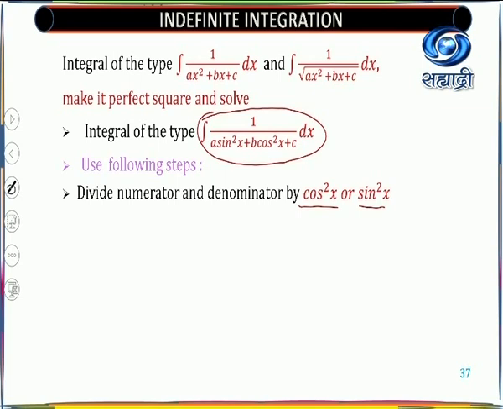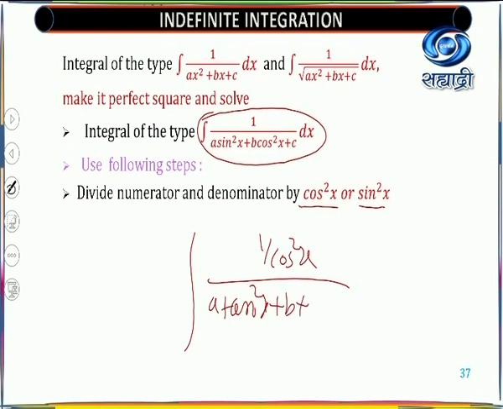Why? Because if you divide by cos square x, it becomes 1 upon cos square x in the numerator, and for the denominator inside the integral sign you get a. Dividing by cos square, it becomes tan square x, then b, plus c into 1 upon cos square, so you will get sec square x.